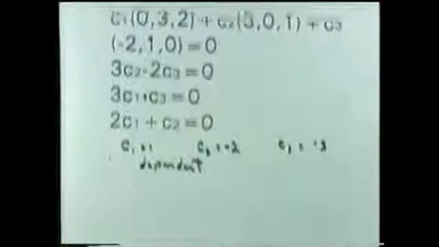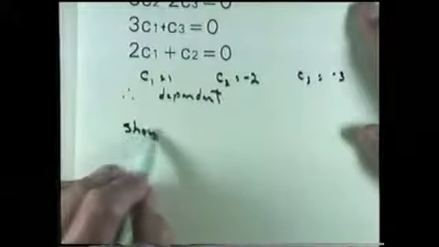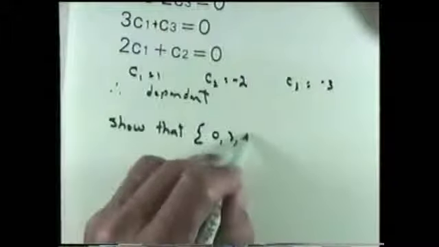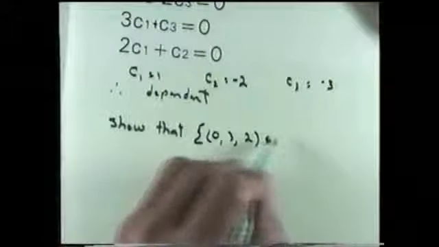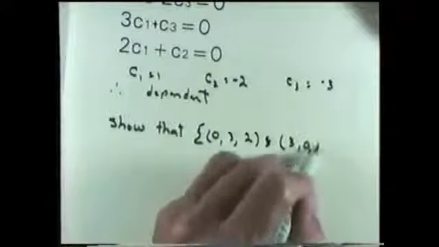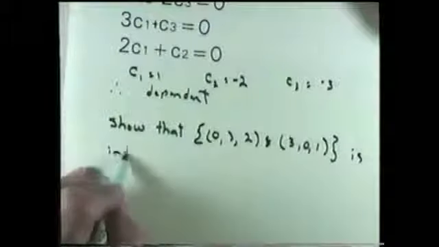Going to run the tape a little bit long, but maybe I better go ahead and show you that the two that I used are independent. So let's show that the set consisting of the vectors (0, 3, 2) and (3, 0, 1) is independent.